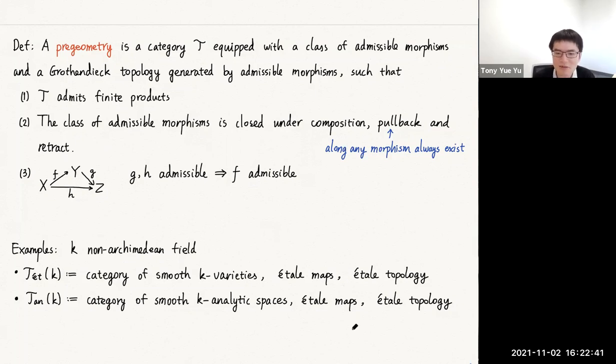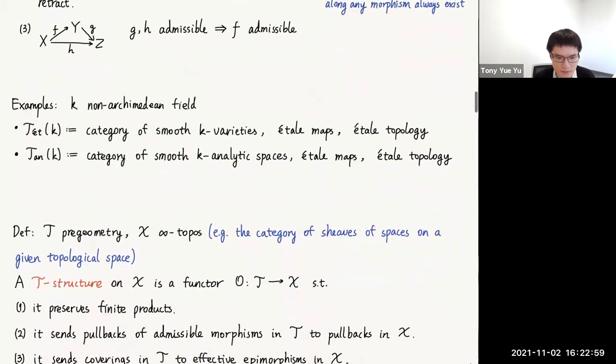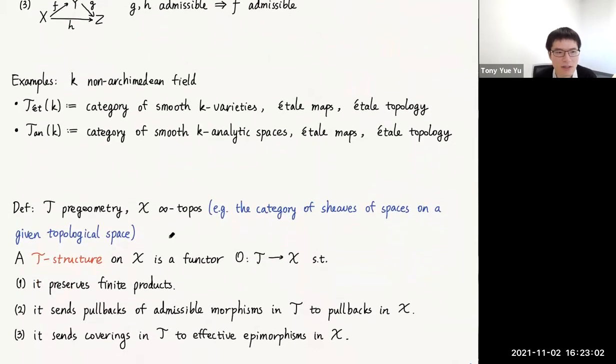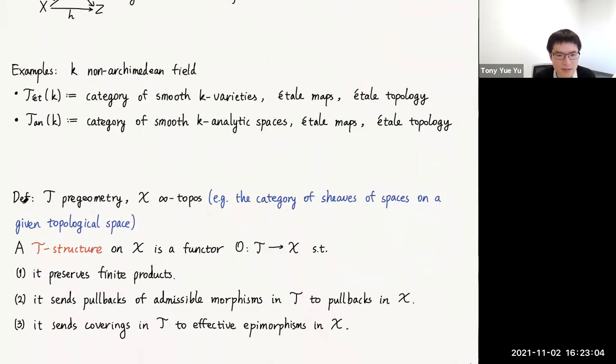Okay, so as I said, we have some infinity categorical machine, which automatically produces for us some derived theory out of this very basic classical input. Now we introduce the following construction, following Lurie. Let T be a pregeometry and X an infinity topos. If you don't know what an infinity topos is, you can just think of X as the category of sheaves of spaces on any given topological space.